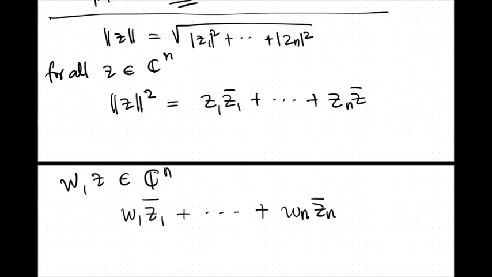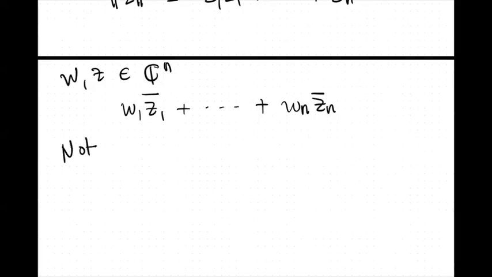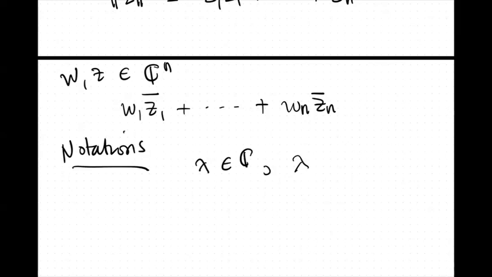And yeah, that's it. So for notation, let us fix some notations here. If lambda is in C, lambda greater than or equal to 0 means lambda is a real number, positive.